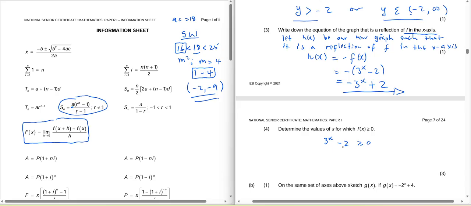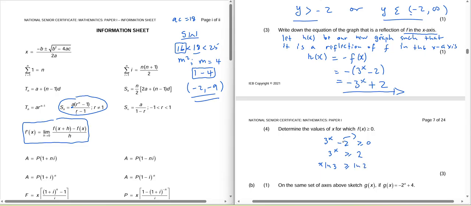At this point, I'm going to throw this minus 2 to the other side, and we now have 3 to the power of x greater than or equal to 2. Now I need to drop down the x, so I need to apply ln, or the logarithm. It will become x ln 3 greater than or equal to ln 2.